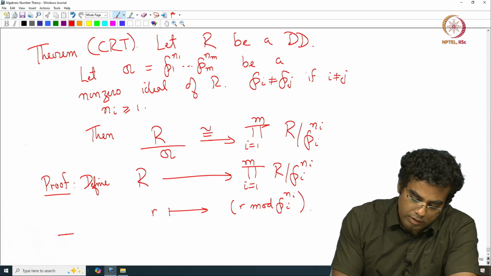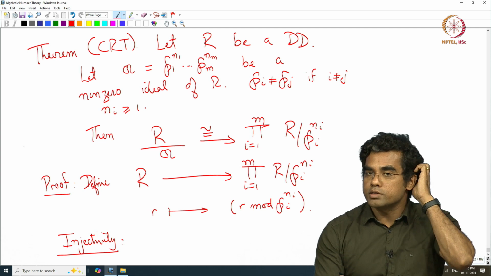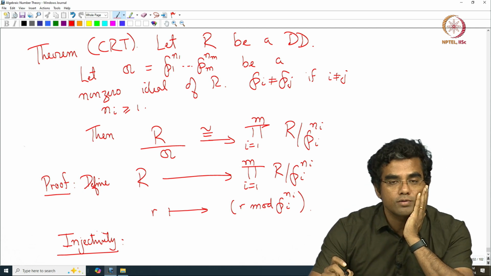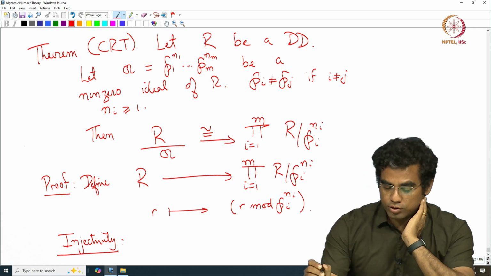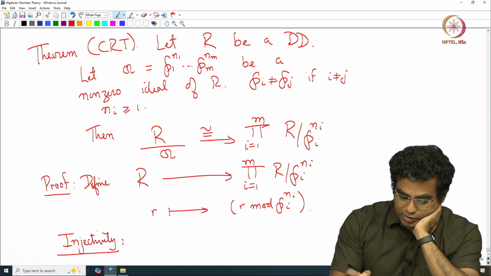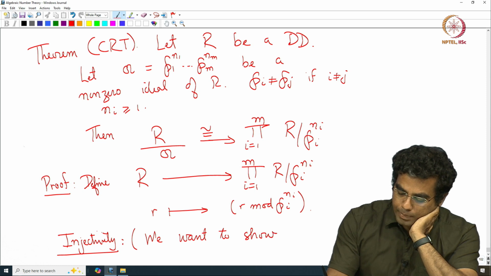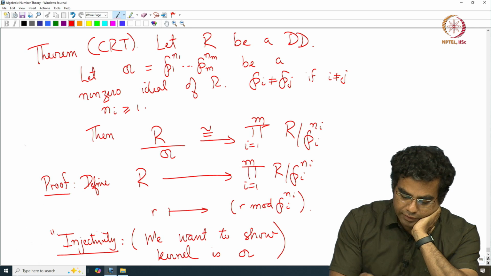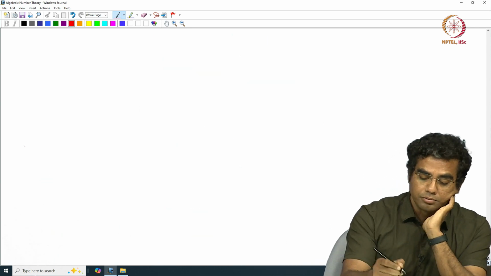So, now injectivity, first we prove injectivity, which means that the map is 1 to 1, and because this is a ring homomorphism, to show that it is 1 to 1, you just need to show that any element that goes to 0 is actually 0. Oh sorry, not injectivity, I mean. So, we want to show kernel is A, right. So, it is not quite injectivity, it is injectivity from R mod A, but let me write it that way anyway.